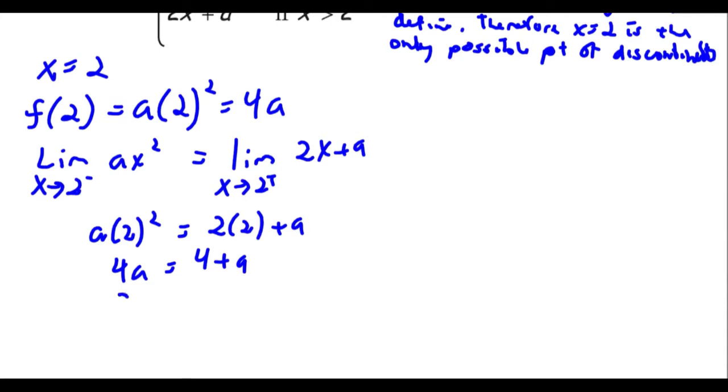So subtract the a, that gives us 3a. And then divide by 3. So a should be equal to 3/4. I'm just going to check and make sure that works out. So if I replace a with 3/4, that gives me 4 times 3/4, which is 12/4, which is 3, right? Okay.